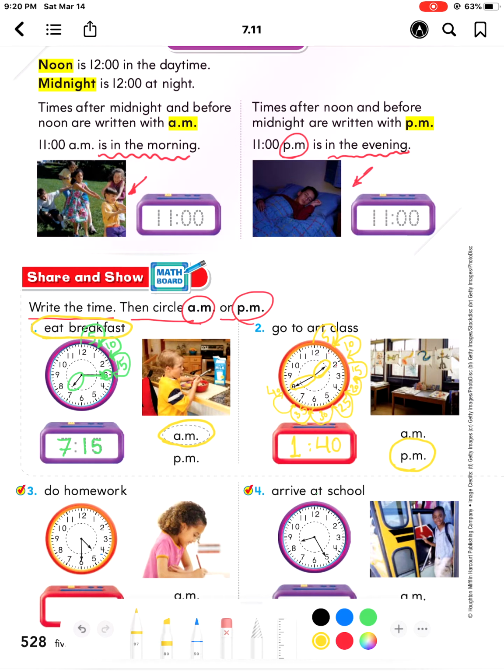Now, number 3 says do homework. Now, let's first see where is the hour hand and where is the minute hand. Now here it's 4 and let's see, now we have the minutes at 6, the minute hand, and of course we know it's half, and half an hour is 30 minutes.